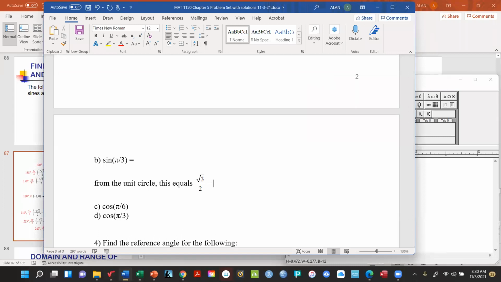Now, if you were to actually calculate this though, if you go to your calculator, so for using the calculator, you have to first switch to the radian mode.